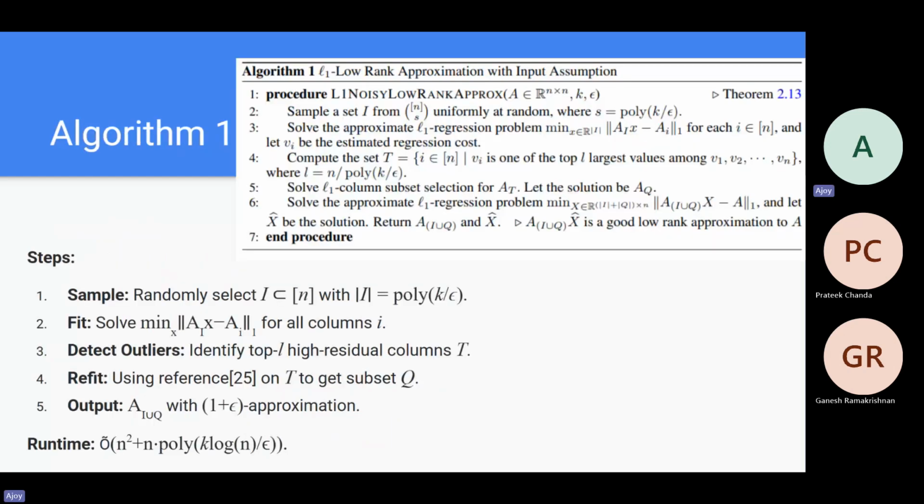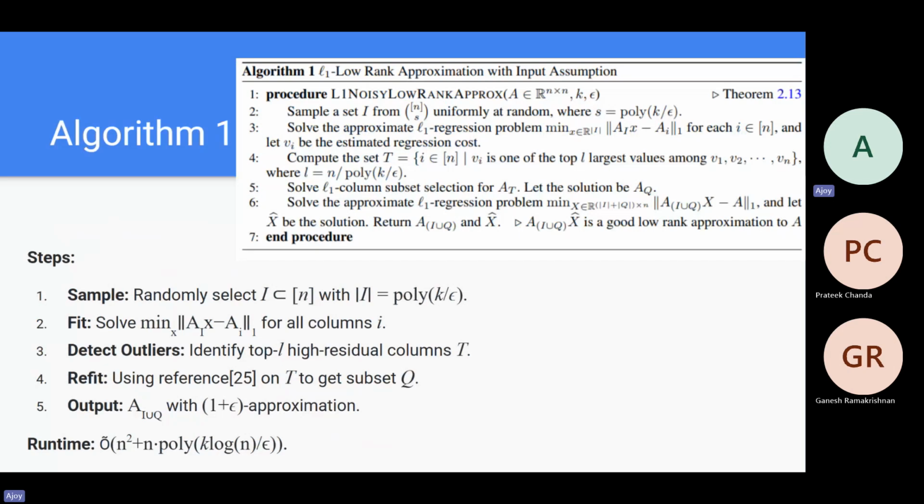So here is our algorithm one. We randomly select columns and then check their error, minimizing it with respect to the matrix, and detect outliers where the residual error is higher.